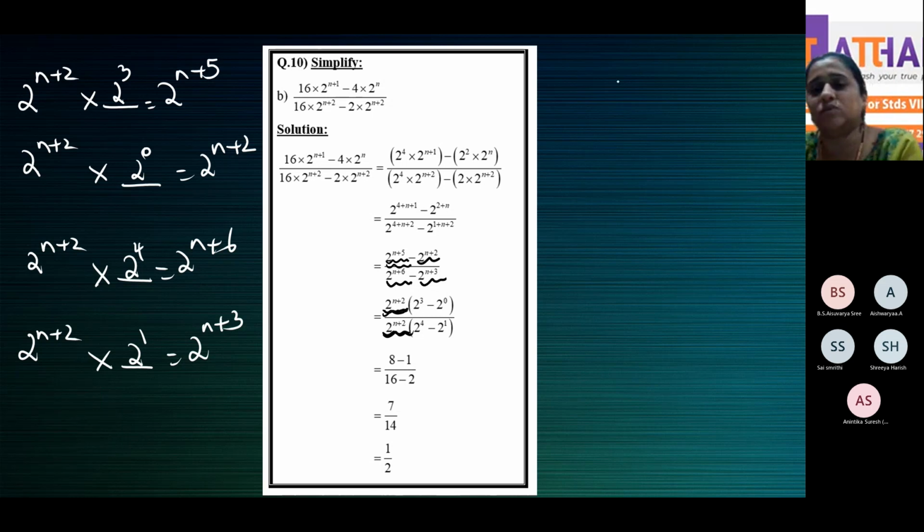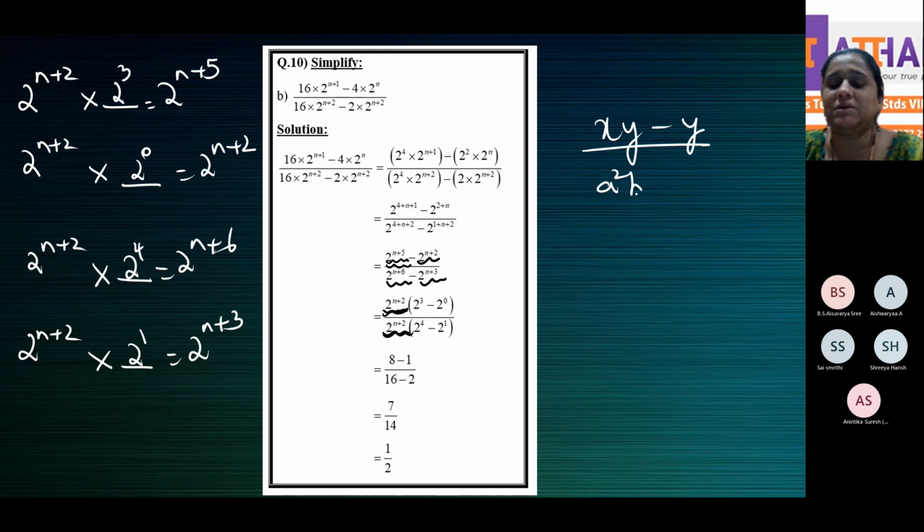Children, I need to understand if you know how to take out things common. Please tell me, for this, if you have xy minus y by a square b minus ab, what is common in the numerator? Y. Then in the bracket, y into what is xy?